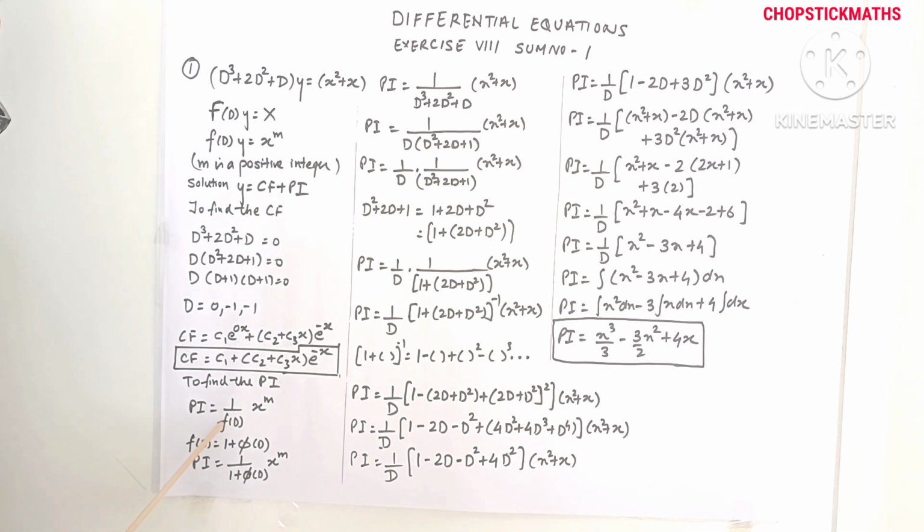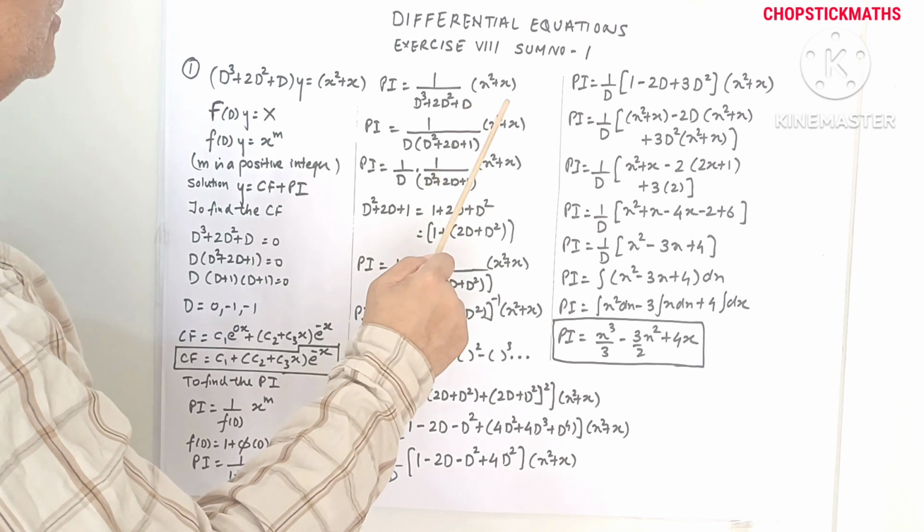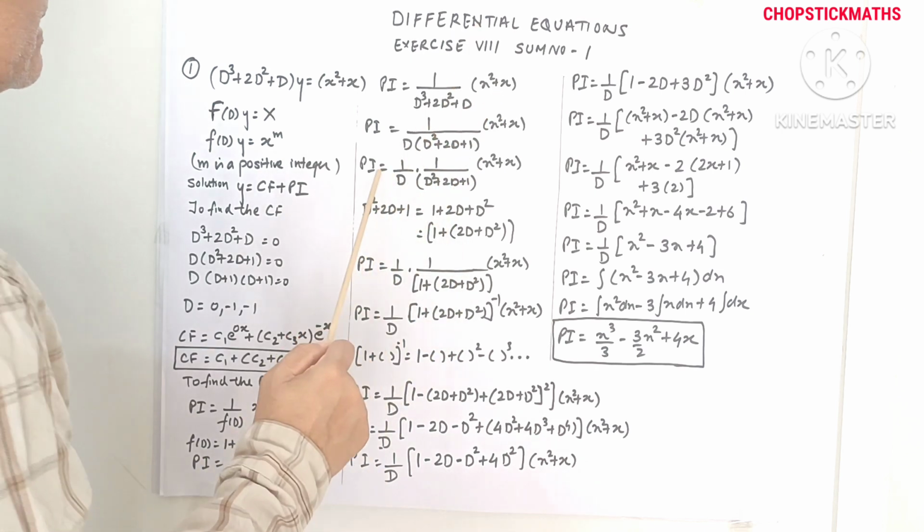And here you will have to express f of D as 1 plus phi of D, where phi of D is some other function of D. So PI can be written as 1 upon (1 plus phi of D) into x raised to m. Therefore PI is equal to 1 upon f of D, that is 1 upon (D cube plus 2D square plus D) into (x square plus x).